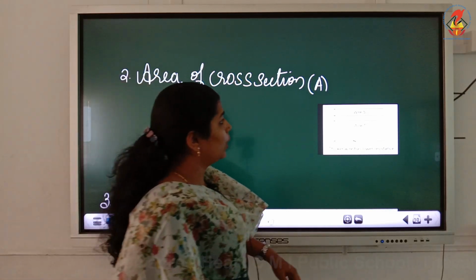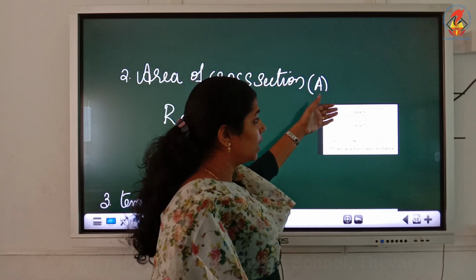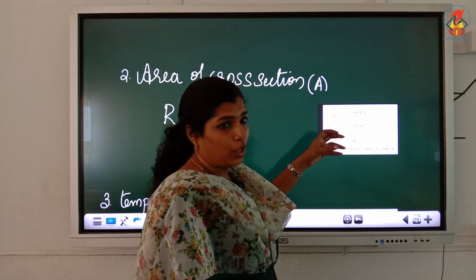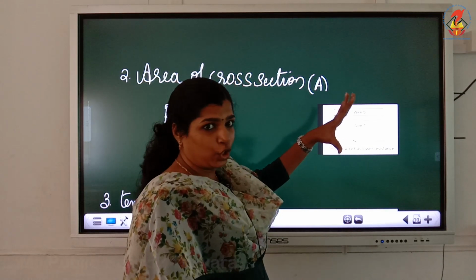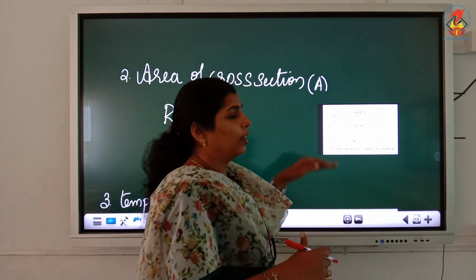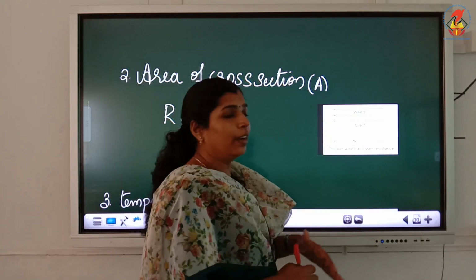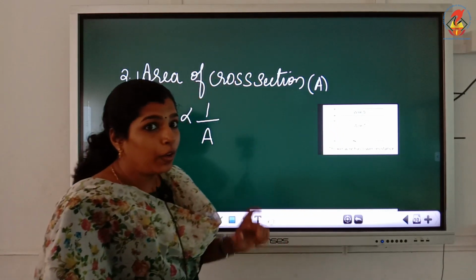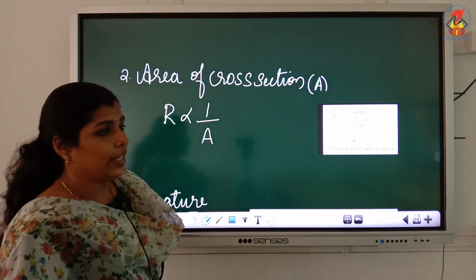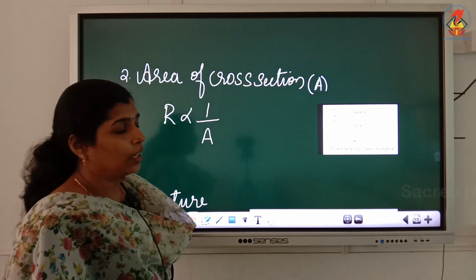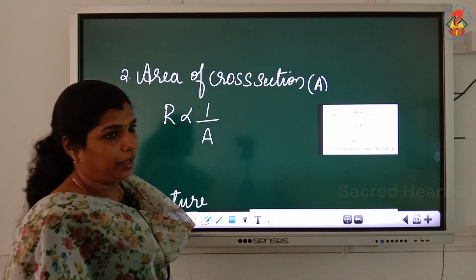So, here you can see the first wire is a thin wire and the second one is a thick wire. So, as the thickness increases, the resistance of the wire will decrease. So, the second wire will have lower resistance because it is a thick wire.